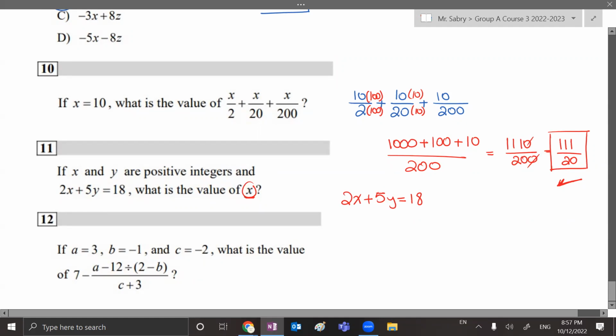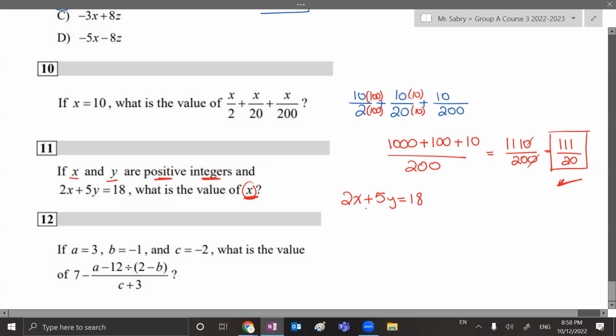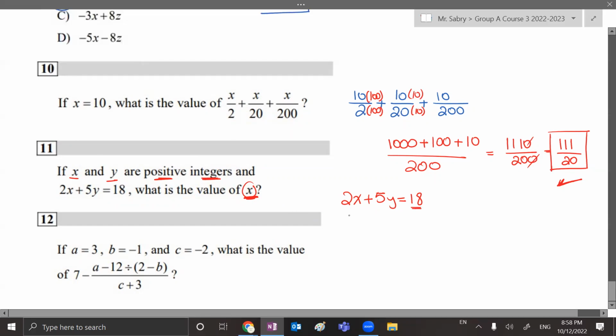He's asking what's the value of x, and they told you that x and y are both positive integers. That means they can't be decimals because they're integers, and they can't be negative numbers. So you can pick anything: give an example of two numbers added to each other that would give me 18. I would say, for example, 8 plus 10, that's 18.